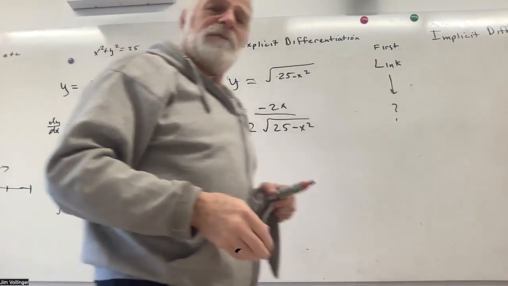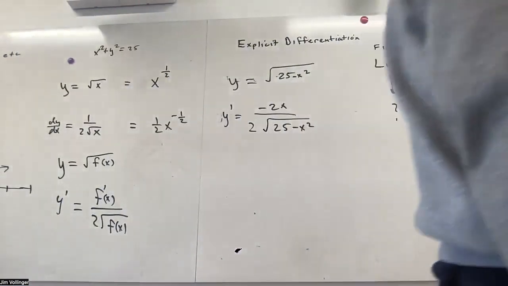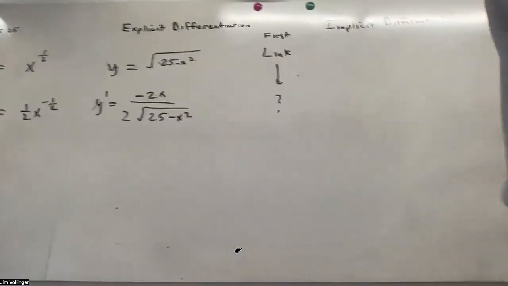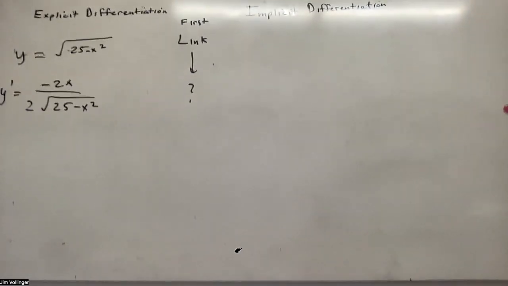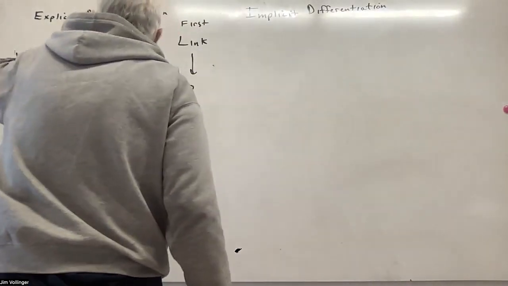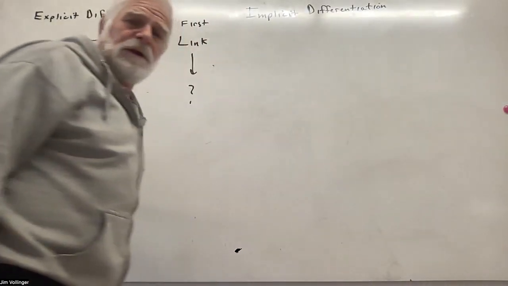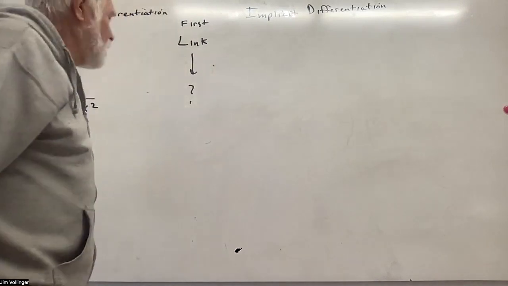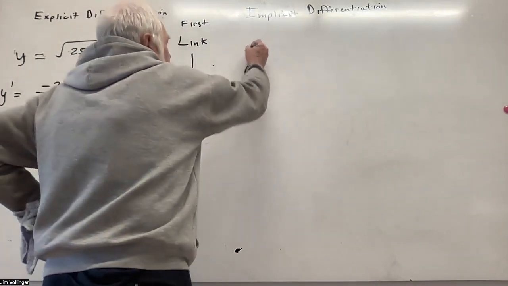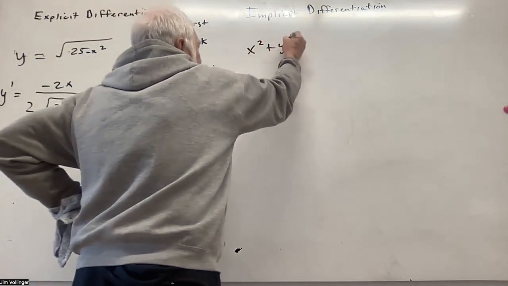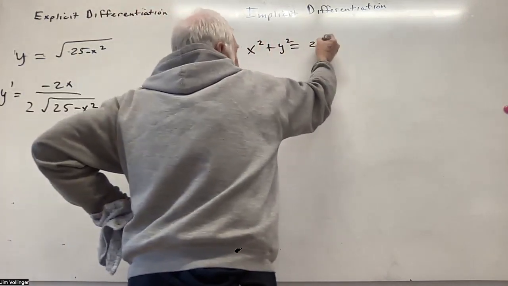Let's look at that from an implicit standpoint. With the strength of computers now, folks might not recognize that, and I don't think people do it as often as years ago, but that's really the top half of a circle, where we're starting with x squared plus y squared equals 25.